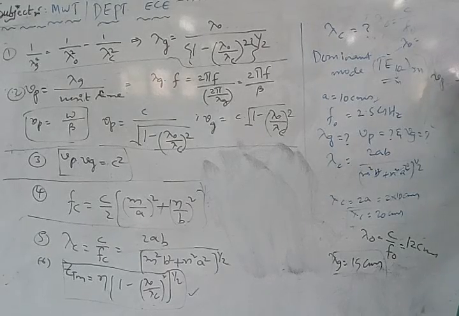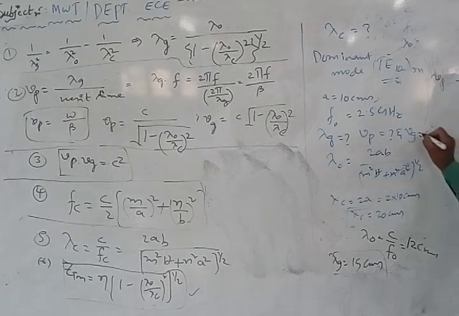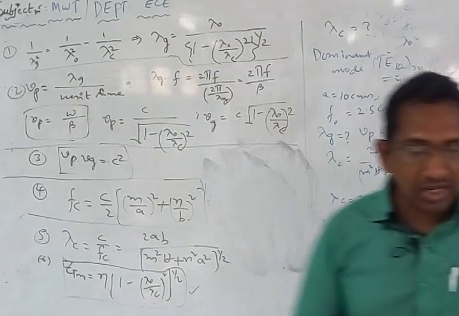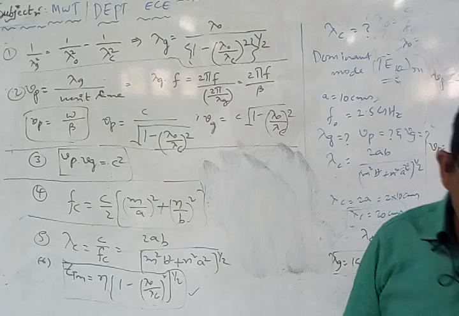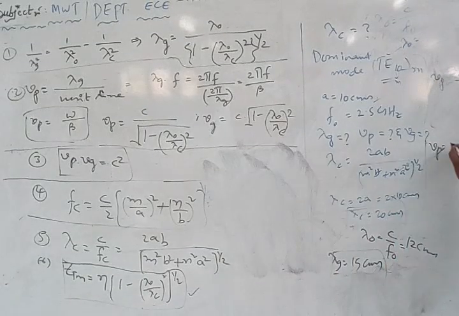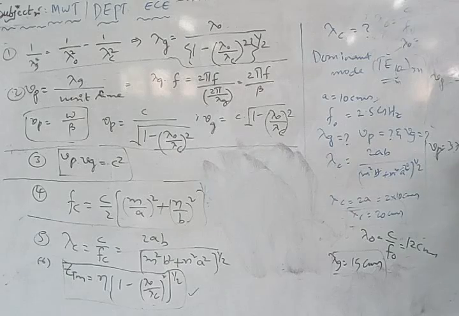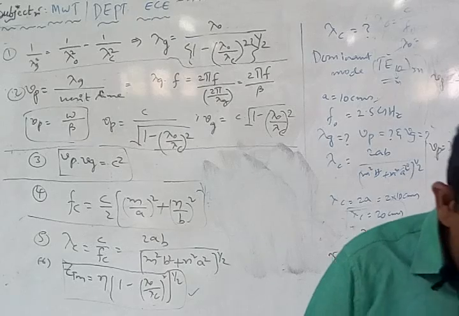C is nothing but the velocity of light. So by solving this, Vp I have got as 3.75 into 10 power 10 centimeters per second. That is the phase velocity.